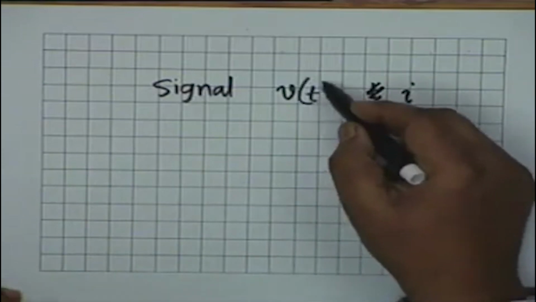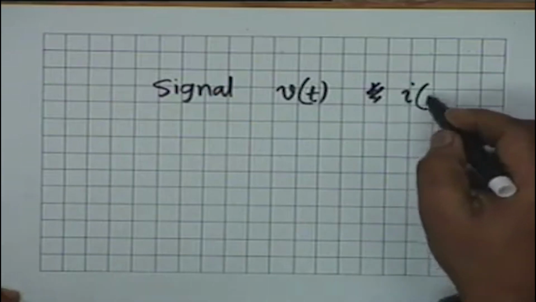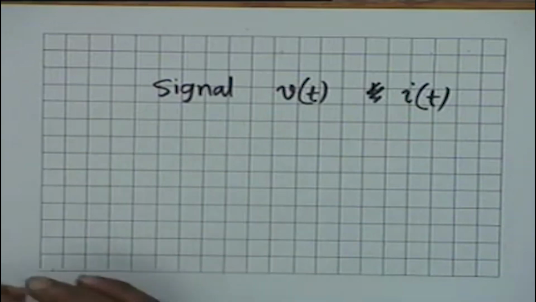That is, a signal is either a time varying voltage or a time varying current, as simple as that. But just any time varying voltage or current is not enough; it must carry some information. That is called a signal.